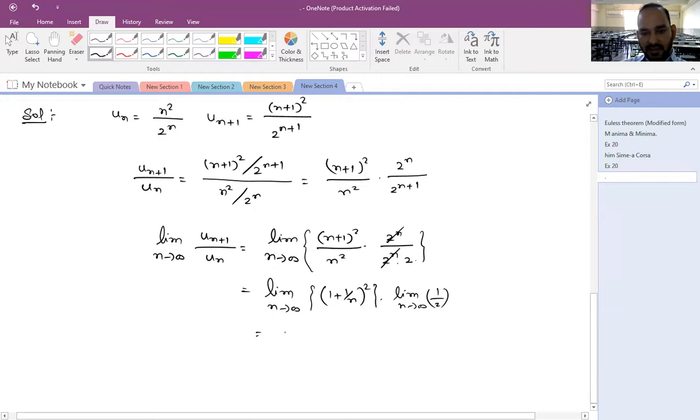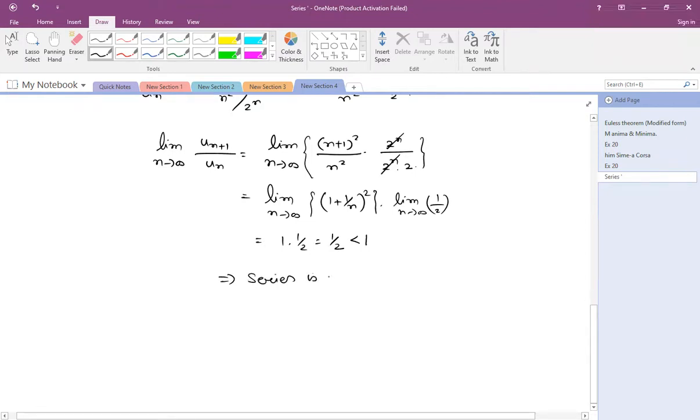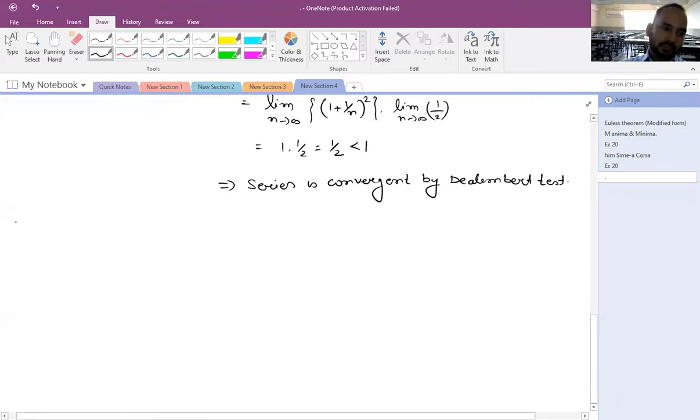This 1 by 2 will remain as it is. This is 1, into 1 by 2, that is 1 by 2. And now this value is less than 1. This implies that the series is convergent by D'Alembert test. Clear? Okay, let's go to the next question.